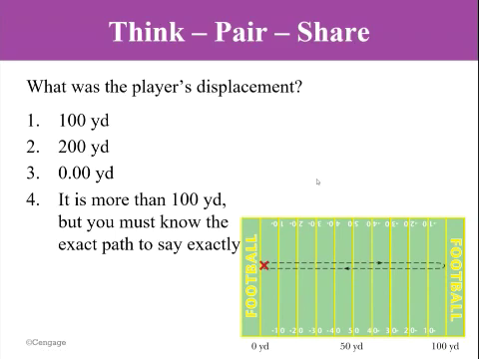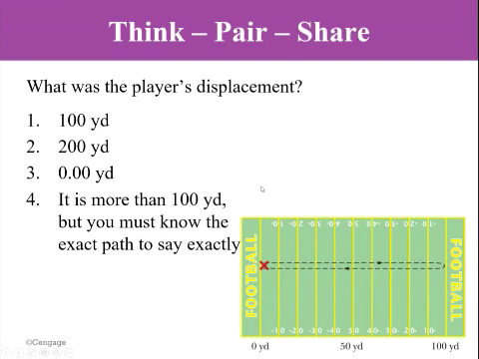Zero. Yes, thank you. The displacement is zero because displacement cares only about the initial and final positions. So here x initial and x final are the same. x final minus x initial, the displacement is zero.